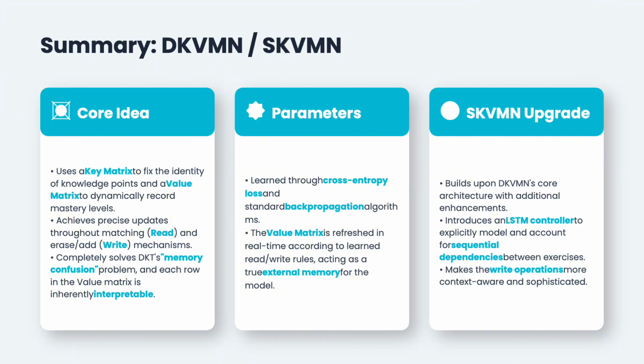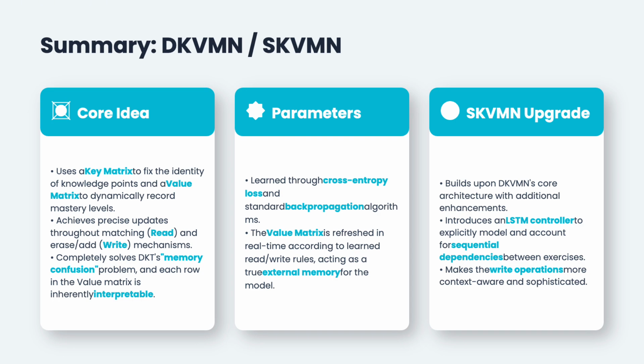All right, let's briefly recap the core content shared today. The core idea of DKVMN is to give the model an external notebook, storing knowledge itself and the mastery level of knowledge separately, thereby achieving precise reading and writing and solving the memory interference problem of traditional models.